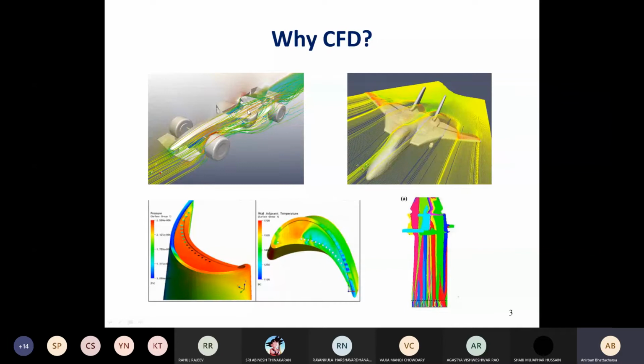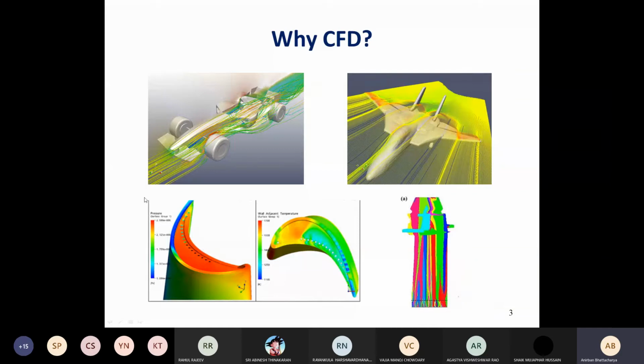I don't have a 2D image, but assume that it is moving forward at 300 kilometer per hour. So we can assume that our domain is fixed with the car. From the point of view of the domain, the car is fixed and the air is coming at 300 kilometer per hour towards the car, right? Now if you take the domain boundary too close to the front wing, or to the front section of the car, what will be the problem?